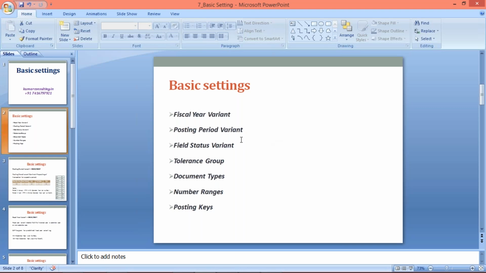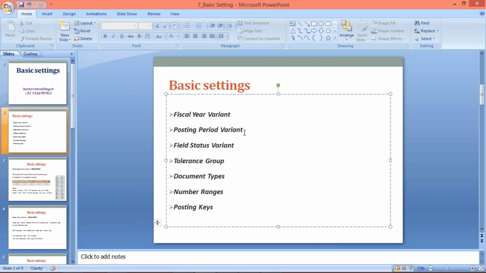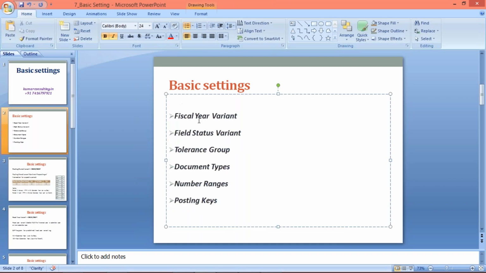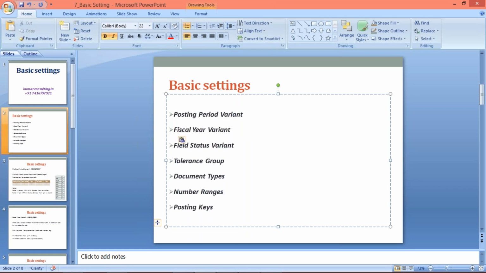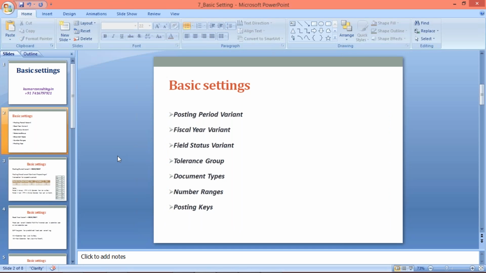So first of all, I'll just make like this. Instead of fiscal year, we'll define posting period variant, then fiscal year variant, field status variant. What are all these things, we are going to discuss in detail, don't worry.